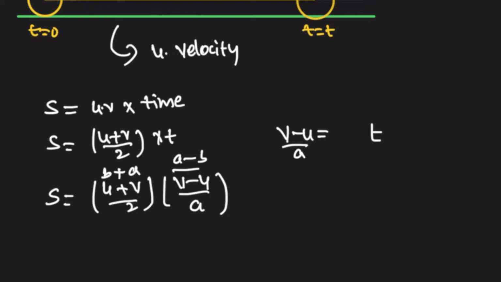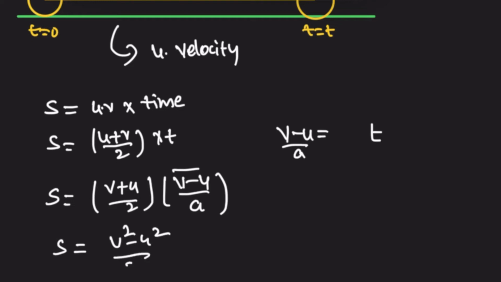So v plus u is nothing but a plus b. Now see here, (v plus u) into (v minus u) is (a plus b) into (a minus b). So what is that? a square minus b square, that is v square minus u square. See here, that is s is equal to (v square minus u square) by 2a.